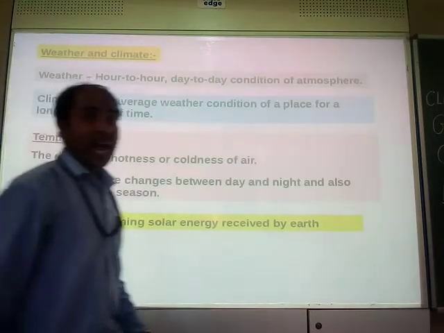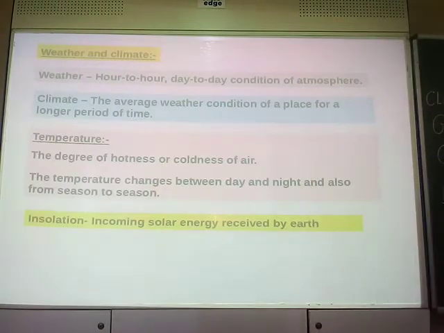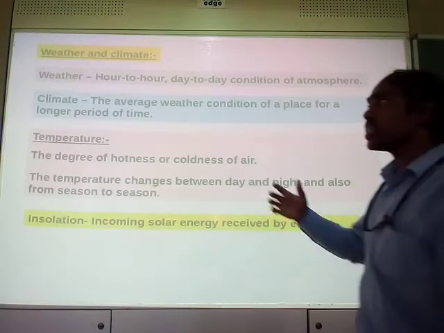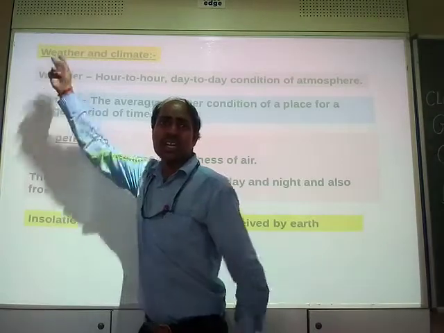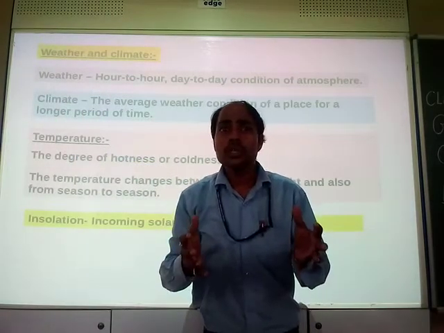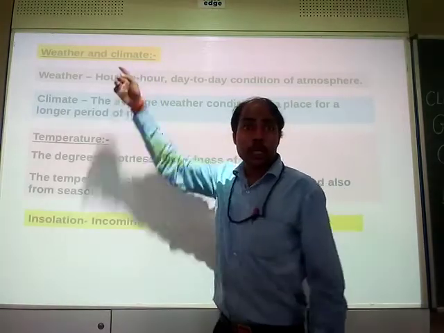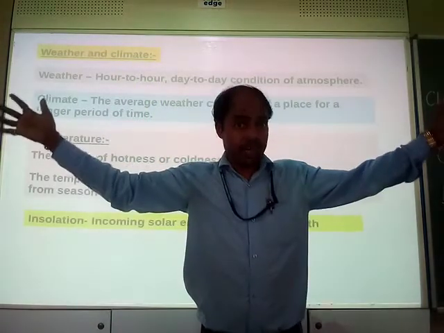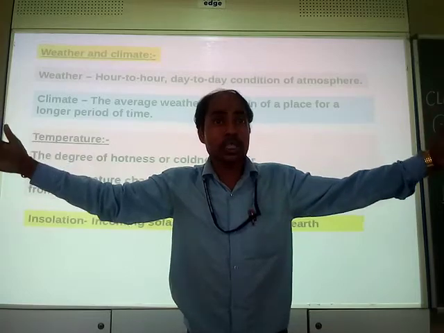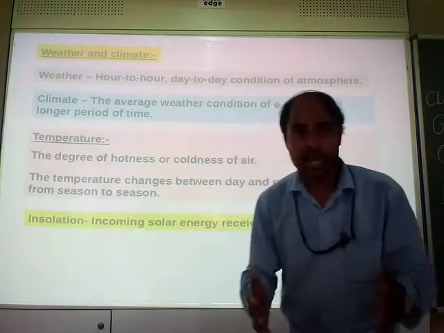Now, weather and climate. Let's try to understand the difference between weather and climate. What is weather? What is climate? Weather remains for shorter period of time. Climate remains for longer period of time, for months, 2 months, 3 months, like that.